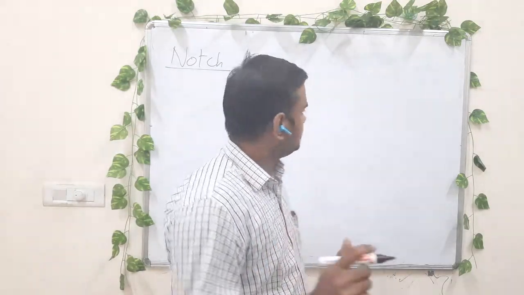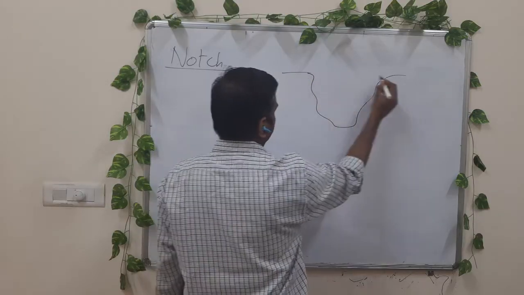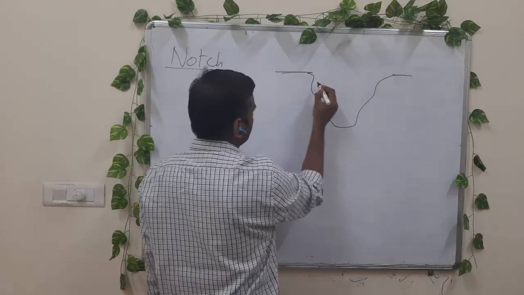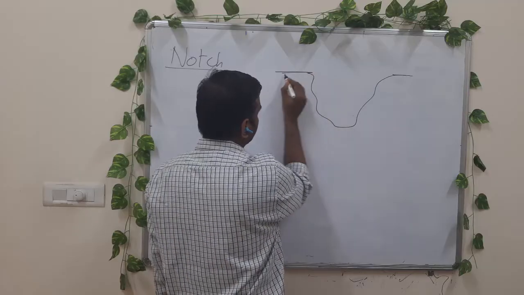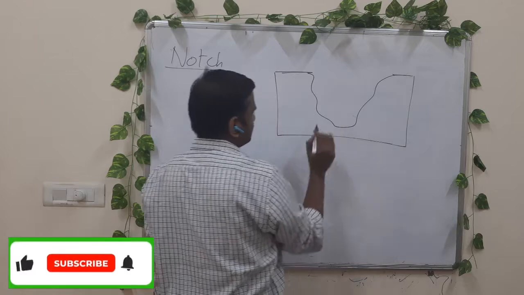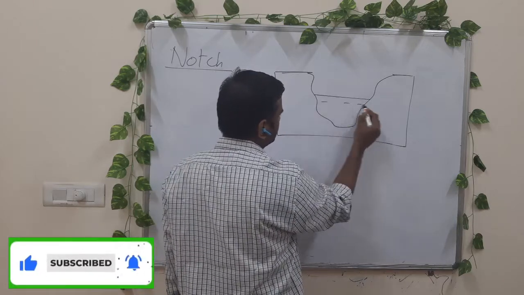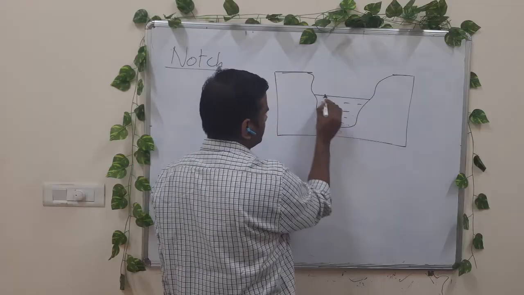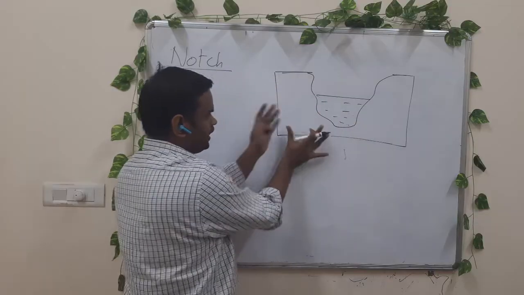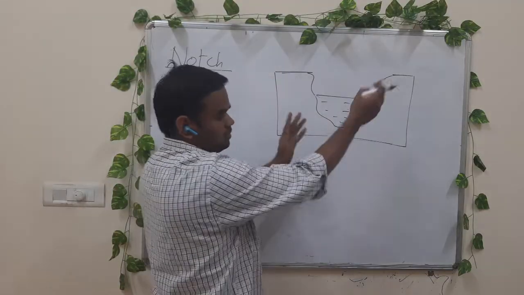What we will consider is, let me say, we have an opening like this, and in that, liquid is flowing like this. Water is flowing out of this metallic plate. We are considering a notch metallic plate with a dissimilar opening.